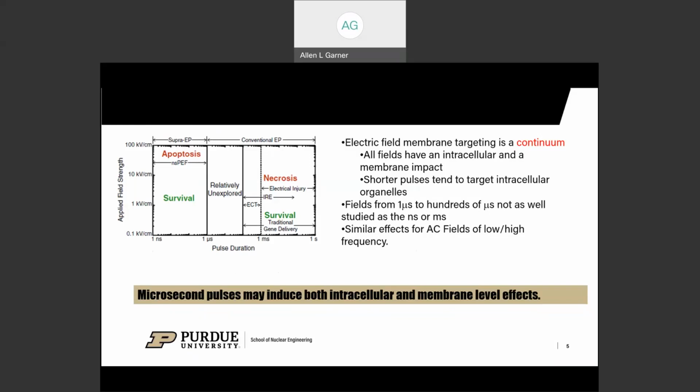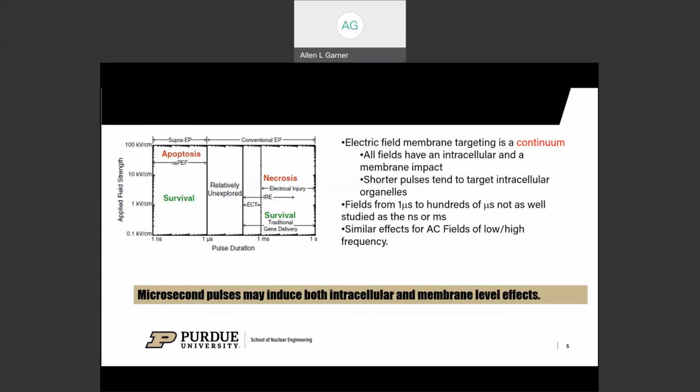And one of the applications that ODU initially worked on was looking at platelet activation. Platelet activation worked through, instead of using bovine thrombin, which comes from cows, they activated the platelets using electric pulses and calcium with the idea that the nanosecond pulses would create these nanopores, allowing calcium to go into the cell. And then you're also using the intracellular effects to release intracellular calcium.